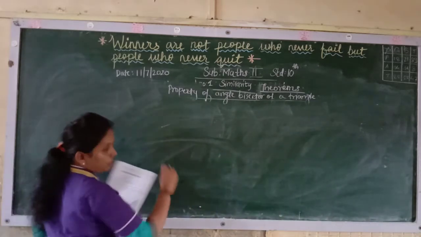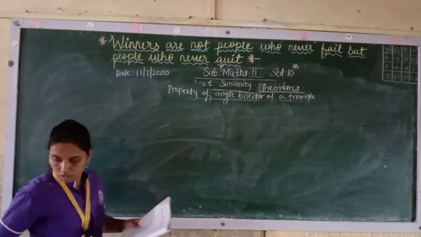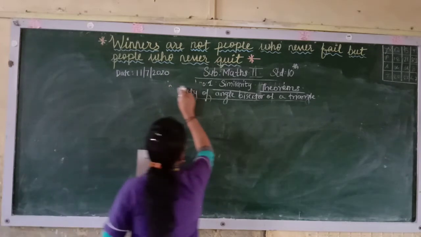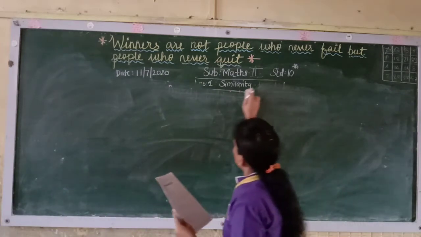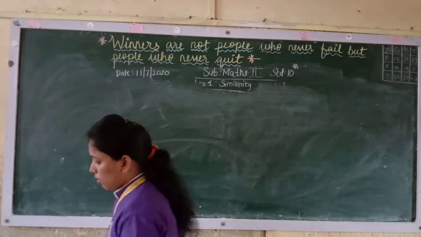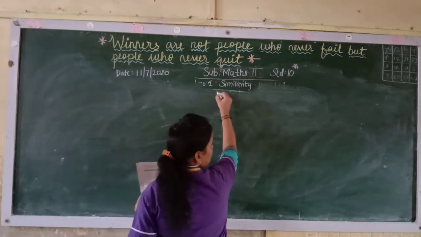Now this property of angle bisector is done. So now we have the property of three parallel lines.